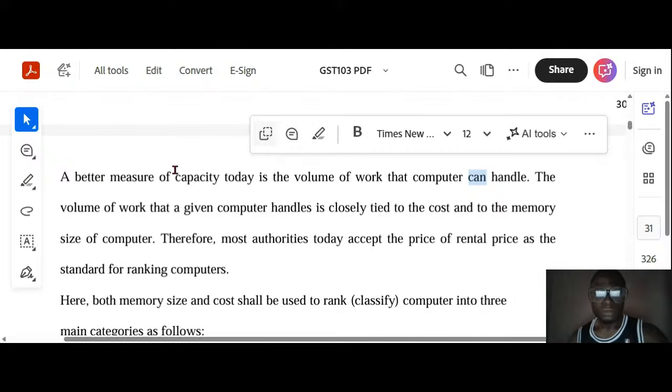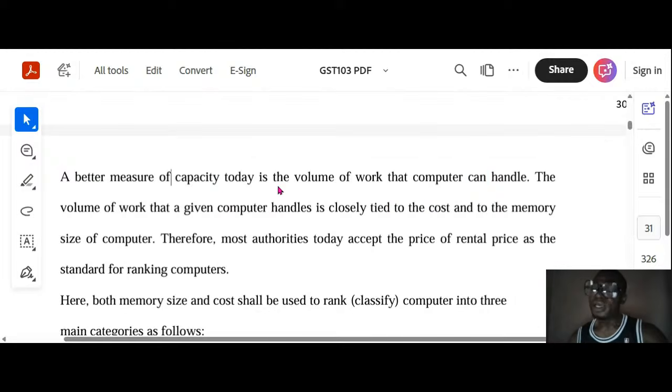So a better measure of capacity today, what we are trying to say in essence here under classification based on capacity, is that in the olden days, in the past, they usually looked at the size of a computer to show its capacity. If your computer was very big, like the head of a cow, they would say this is a big computer. That is how they measured capacity in the past.